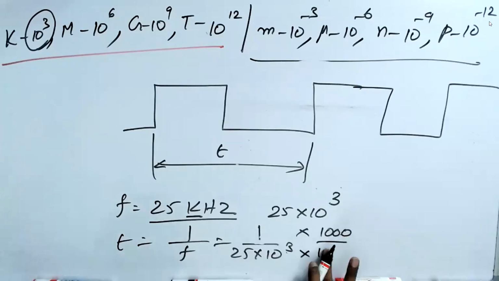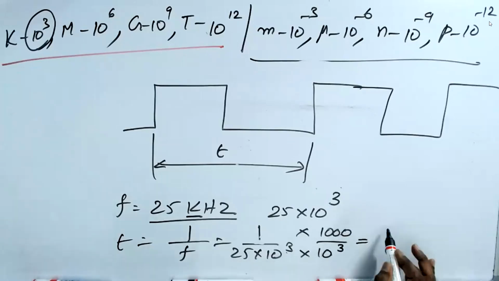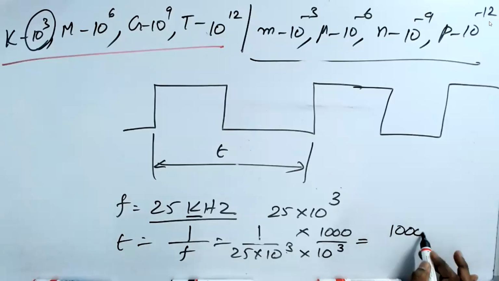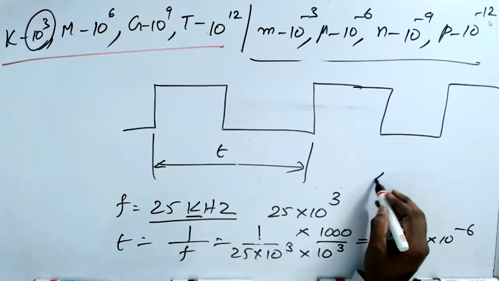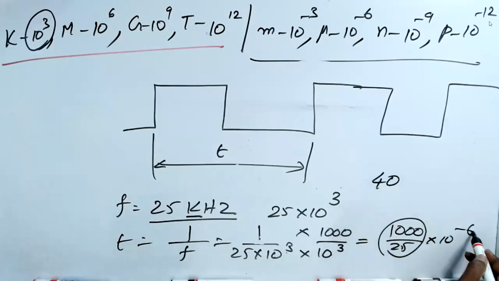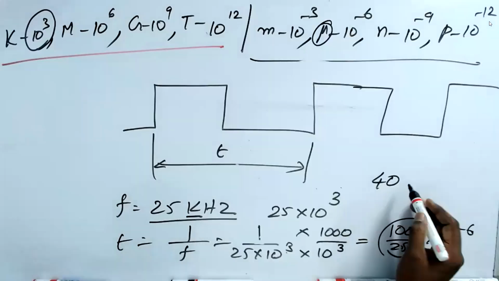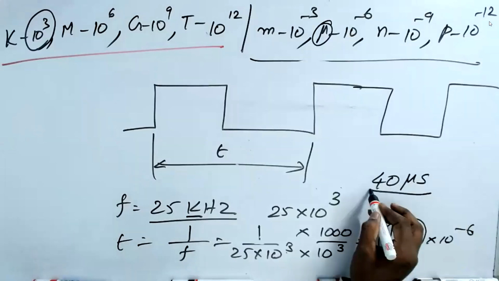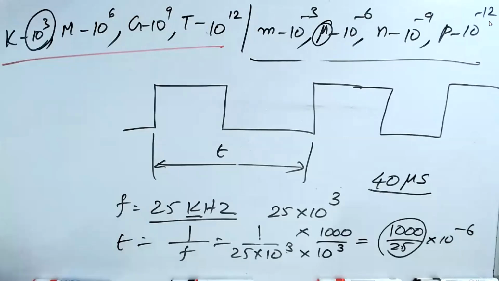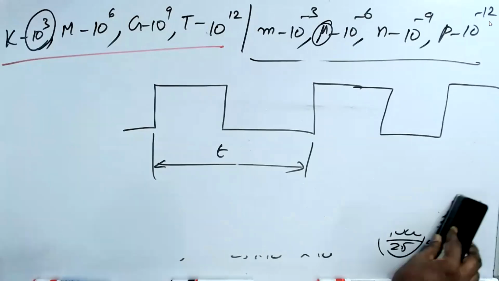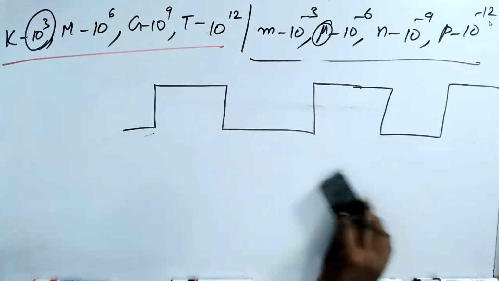So 10 power 3 into 10 power 3 is 10 power 6, equal to 1000 by 25 into 10 power minus 6. And 1000 by 25 is 40. 10 power minus 6 is micro, so 40 microseconds. I'll give you a few more problems, then you will understand this.